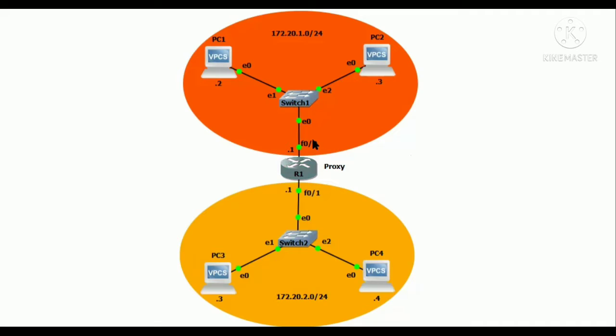So let's start the configuration. Let me tell you the advantage of proxy ARP. Here the routing table is reduced. In a normal scenario we need a route for packets to traverse the router to another network, but in this scenario we don't need any routing.